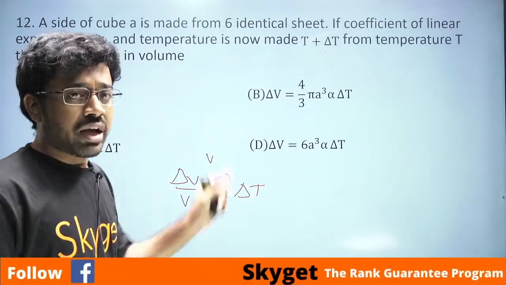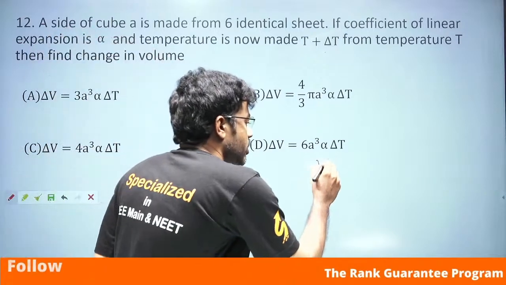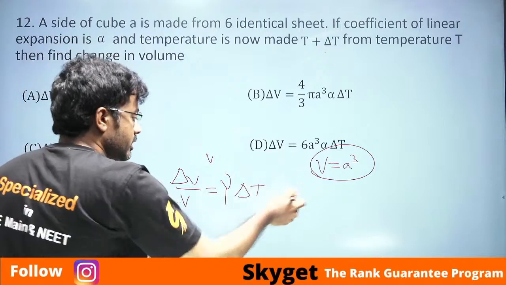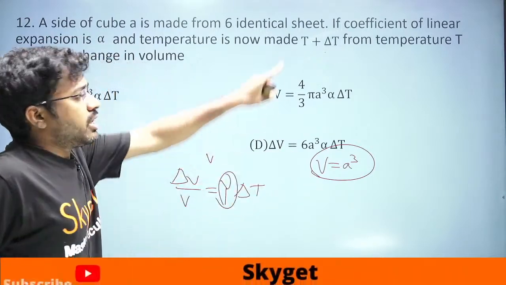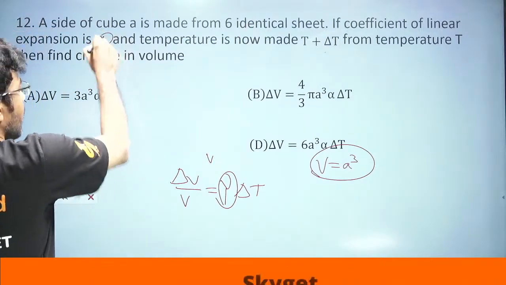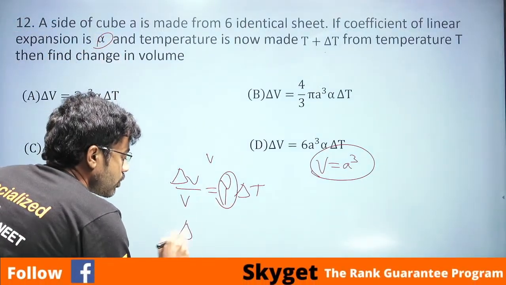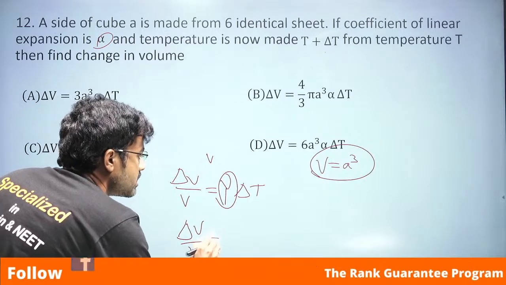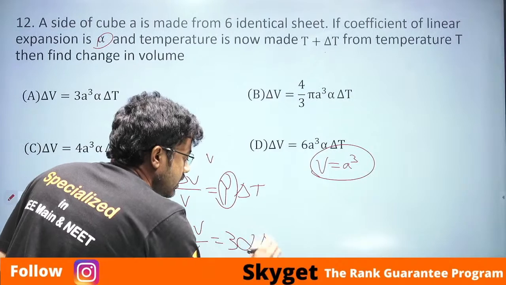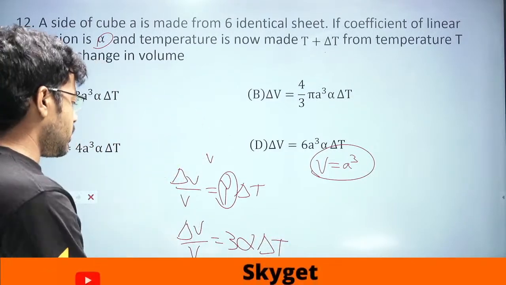Here the volume is equal to A cube. The relation between the coefficient of volume expansion and the coefficient of linear expansion, which he has given here as alpha, is that gamma is equal to 3 times alpha.